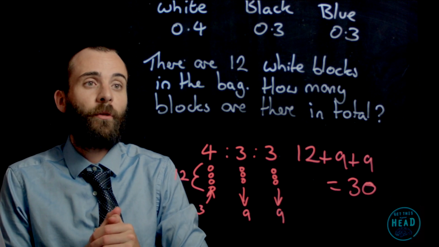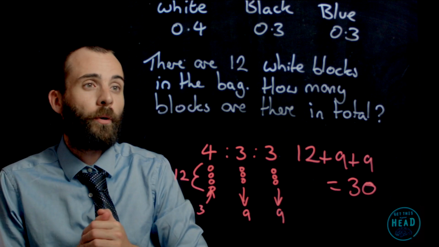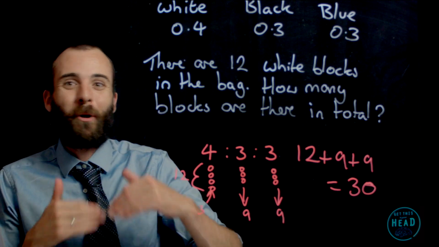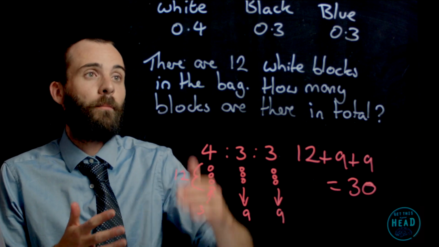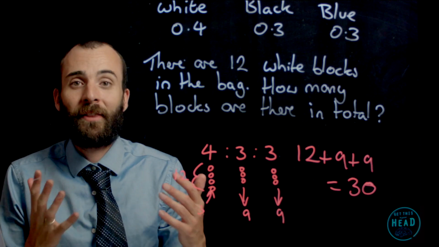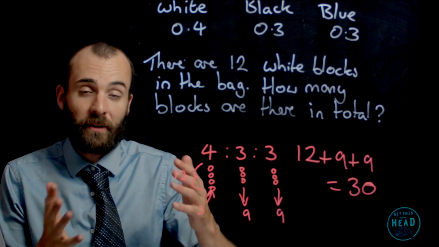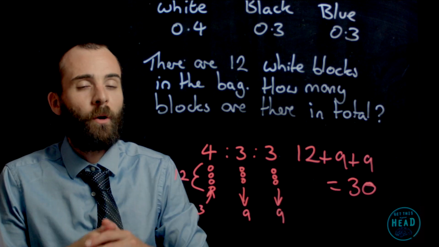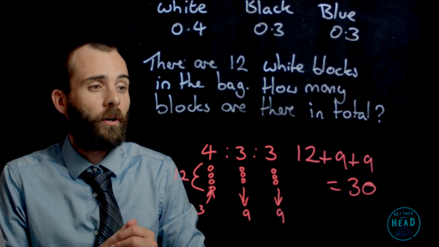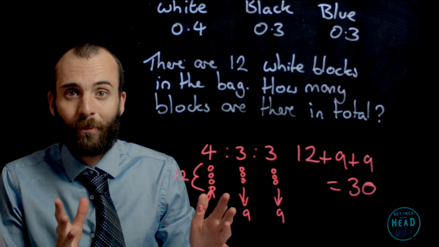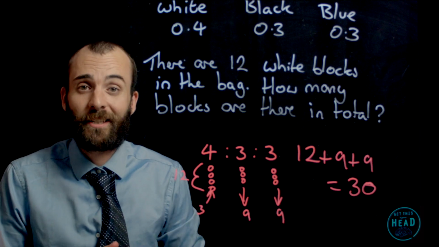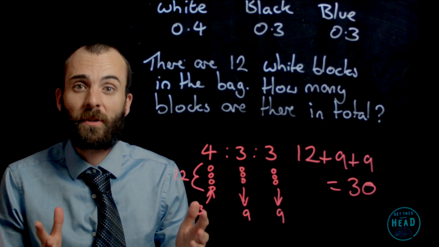If you were to work out that 12 was 0.4, and so then you divided it by 0.4, then multiplied by 0.3, for example, to find out how many black blocks there were, that would be a perfectly acceptable method if you followed that through to the end. Whatever you did, as long as you're doing it to get the right answer, you get your method mark there. And then your final mark is to get the right answer, which in this case is 30. There are 30 blocks in the bag.